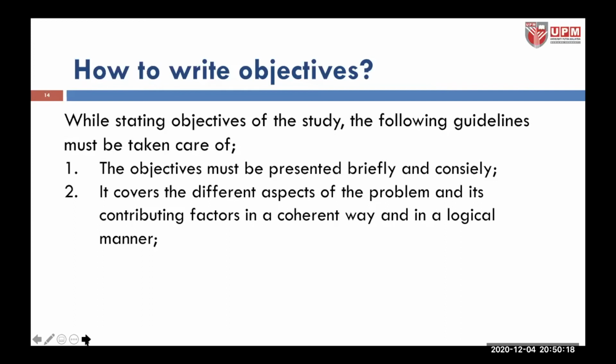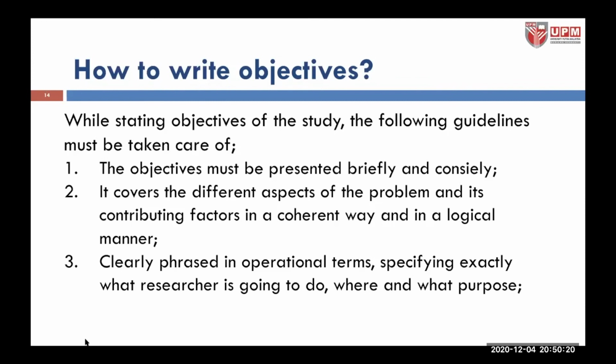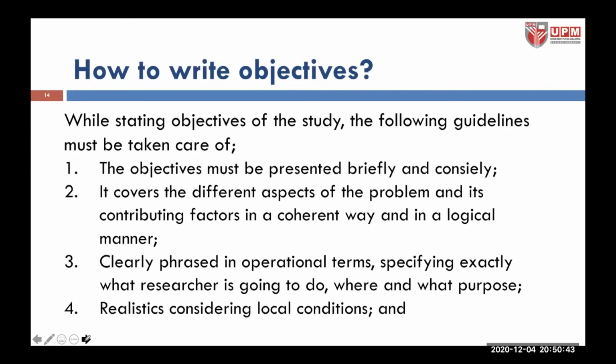It's not like that. Okay, so it is clearly phrased in operational terms, specifying exactly what the researcher is going to do, right? Where, as well as for what purpose. All right. Because it depends on the verbs that are being used in the sentences. And then it is realistic, considering local conditions.